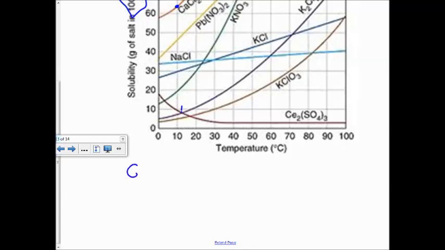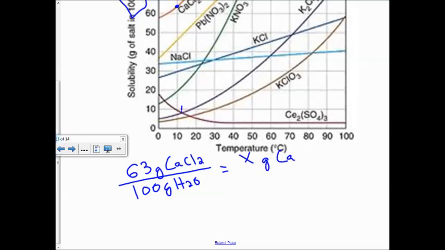So we take our 63 grams of calcium chloride per 100 grams of water is equal to X grams of calcium chloride per, and now we did it per 37.6 grams of water. So now I'm saying in about a third of the amount of water, how many grams of calcium chloride can I get?